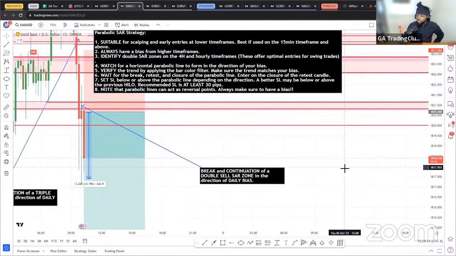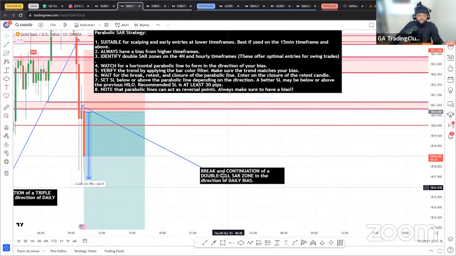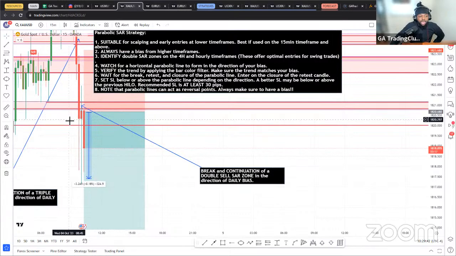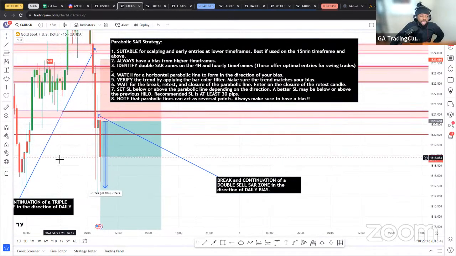I'm not one of those live traders that mark up trades and don't take them. If I mark up a trade, I'll give you possible break and continuation, and once it validates, I remove the possible. And if, like what I'm talking about right now, the entry is far away, I'll say, guys, let's wait on the 1 minute, and then I'll move from the 15-minute time frame to the 1 minute chart. Then I'll say I'm taking this trade, 0.75% risk, 30 pips TP, 60 pips. But this is a live trade because I did say I was taking it the moment I was calling it. Go ahead.